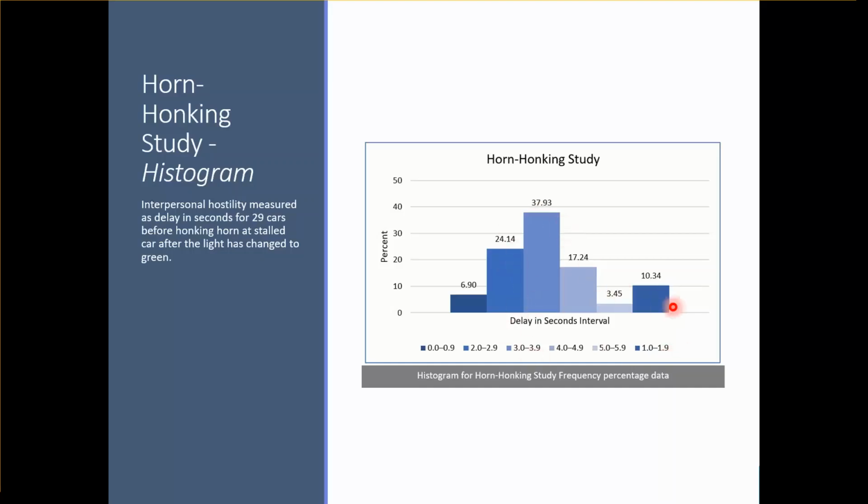I made this in Excel, and I don't know why it put it out of order for me. That would be something you want to check before you publish your data, am I right? But you can see that this is supposed to go across the bottom in your delay in seconds interval. And then I have it with percents going up the side. I only go up to 50% because none of these are going to be up to 100%. I could have just as easily done this with the frequencies instead of the percents. But I am going to go check my data on that one.